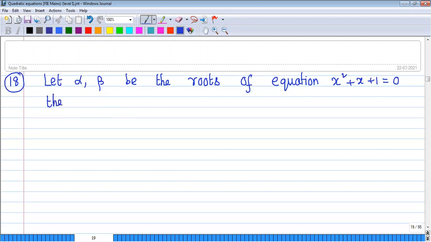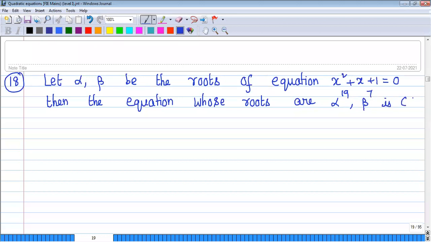Then the equation whose roots are alpha to the power of 19, beta to the power of 7 is: first option, x square minus x plus 1 equals to 0.